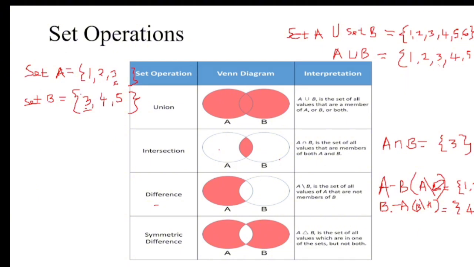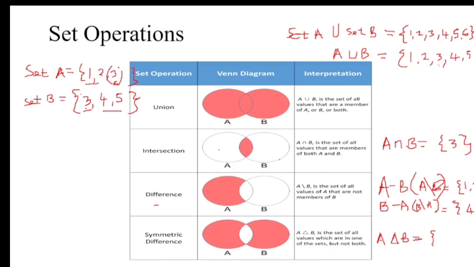Another set operation is symmetric difference. So the symmetric difference is a set of all values which are in one of the sets but not both. So here we have set A and then we have set P. So set A symmetric difference set P. What we get here is the set of the values that are in set A or set B but not both.